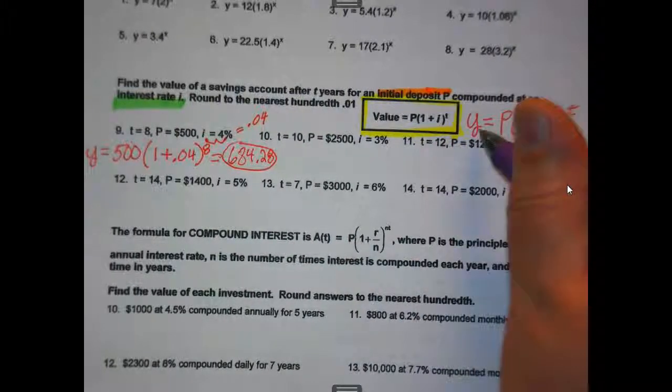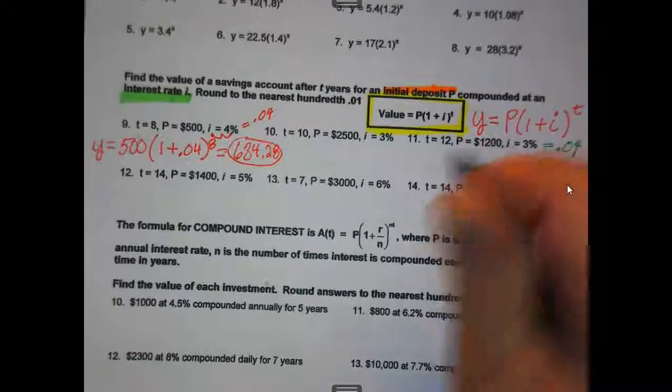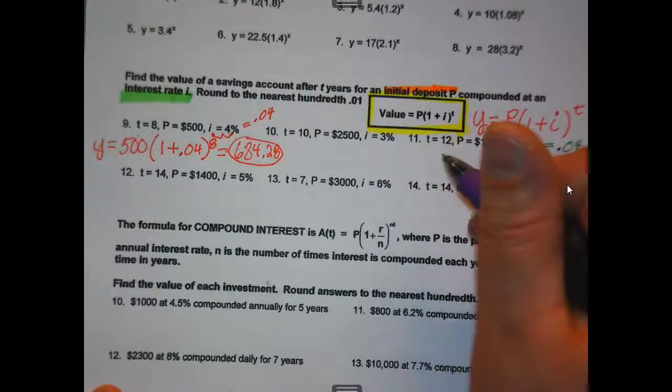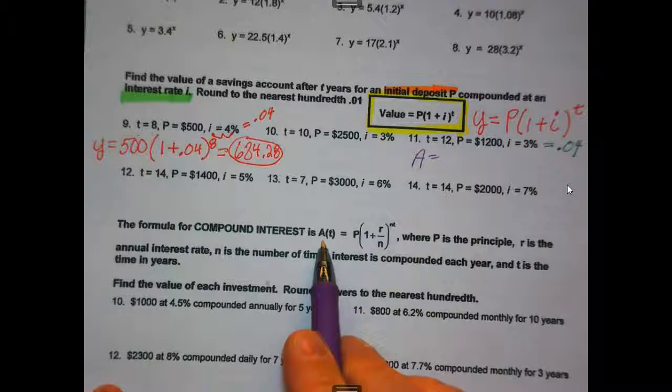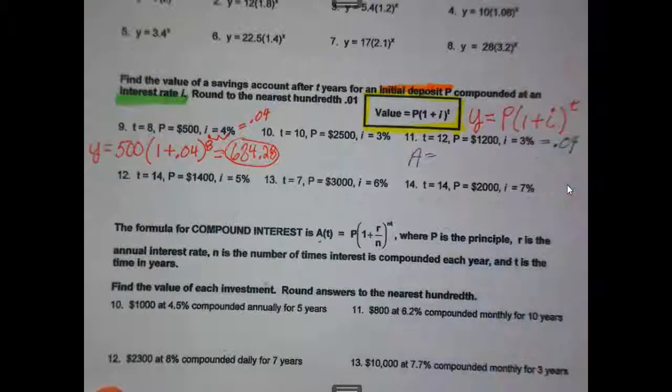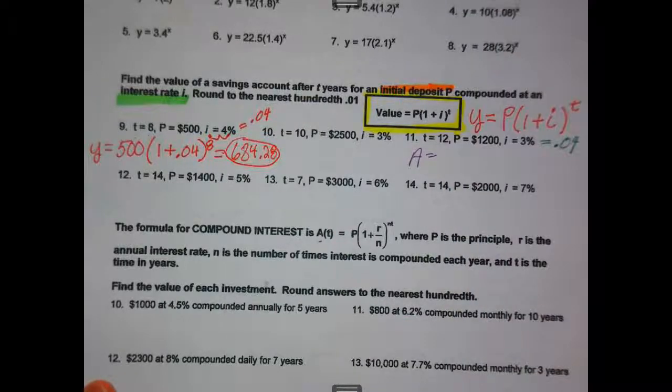Now, a lot of times, and even in Algebra 2, instead of Y, they'll use the capital A. They use it down here. So if you want to start using capital A, that's fine. If you want to keep using the Y, I'm good with that.